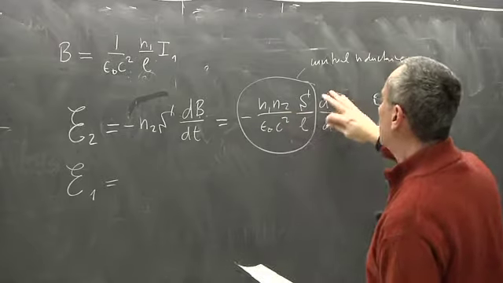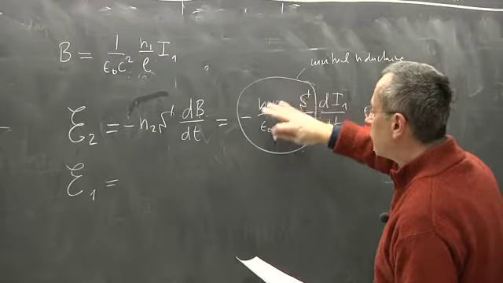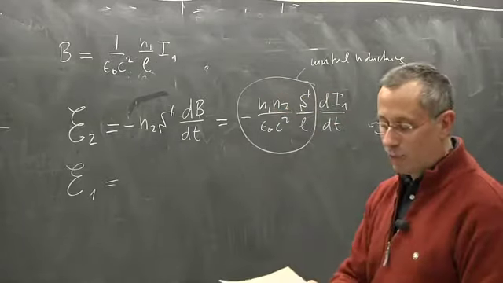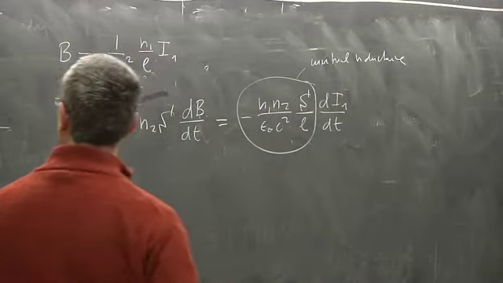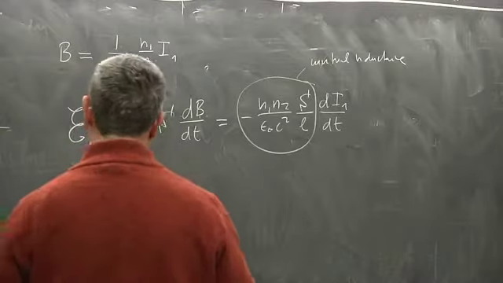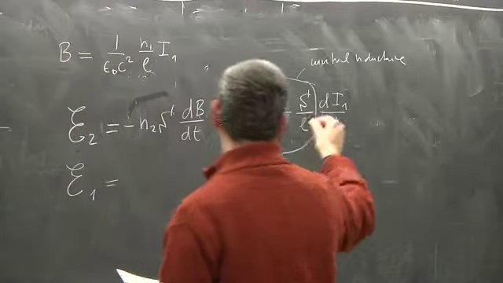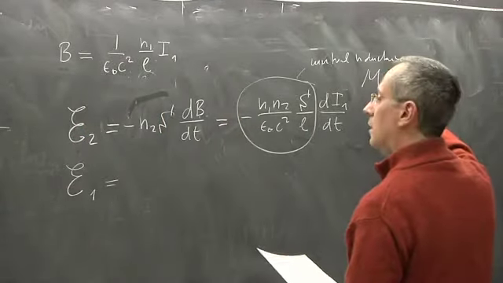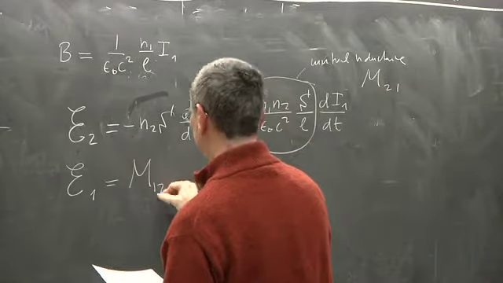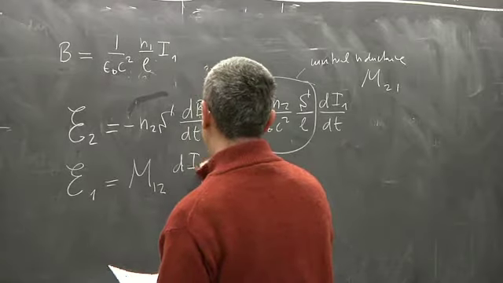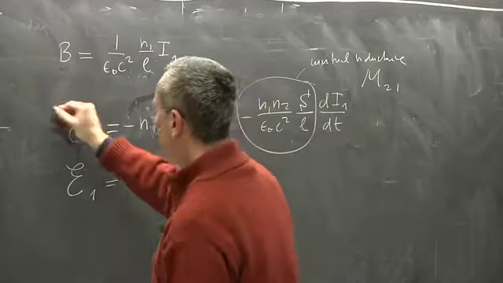It has nothing to do with the current you're putting in. It just depends on the geometry of the wire, like the inductance has to do with the geometry of a single wire. So let's call this M21, and the equivalent here is M12 dI2/dt.